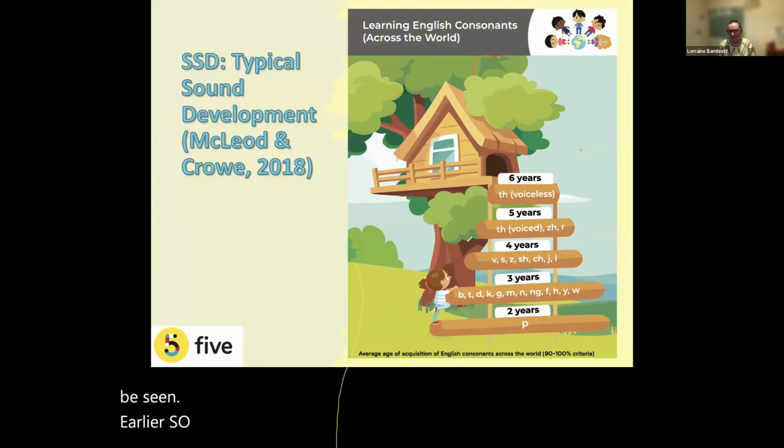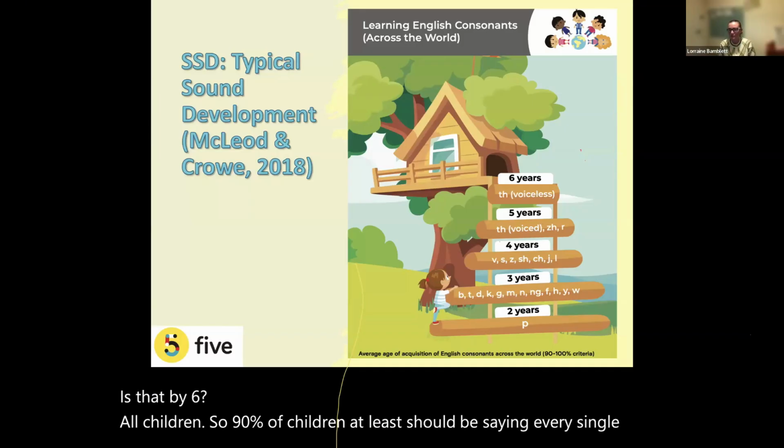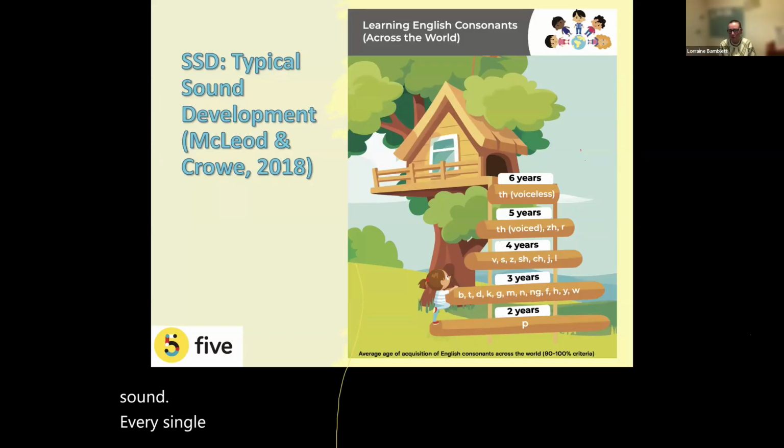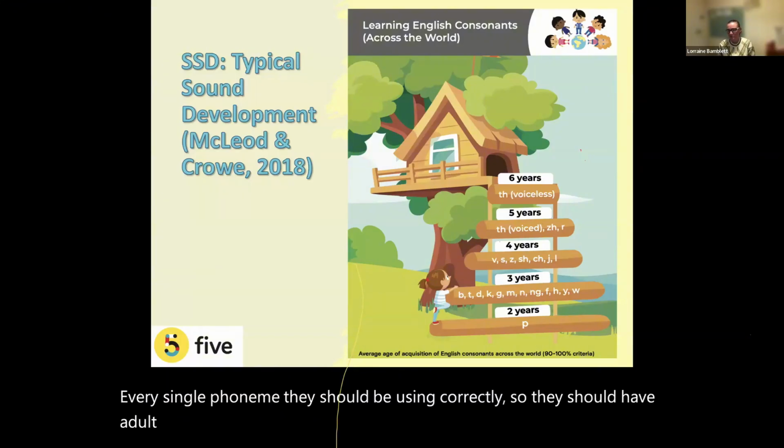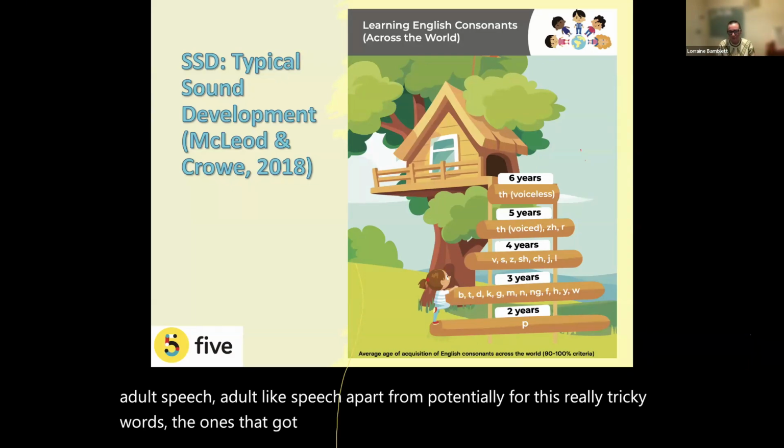So what we're saying here is that by 6, all children, so at least 90% of children, should be saying every single sound, every single phoneme, correctly. They should have adult-like speech, apart from potentially those really tricky words, the ones with multiple syllables and new words.